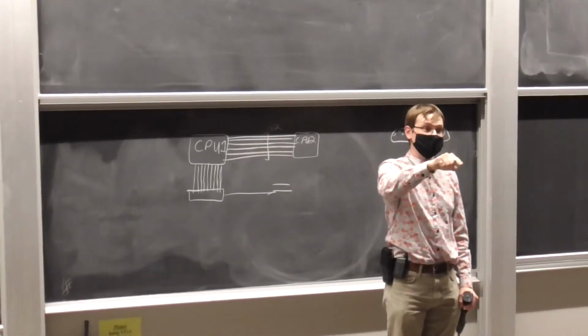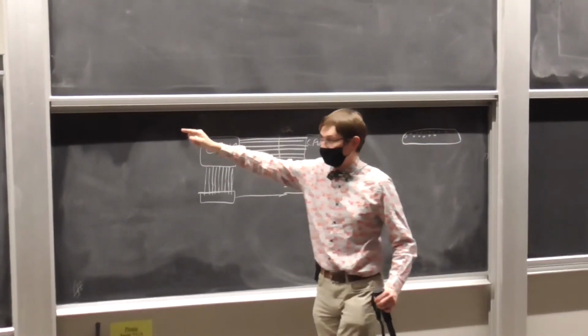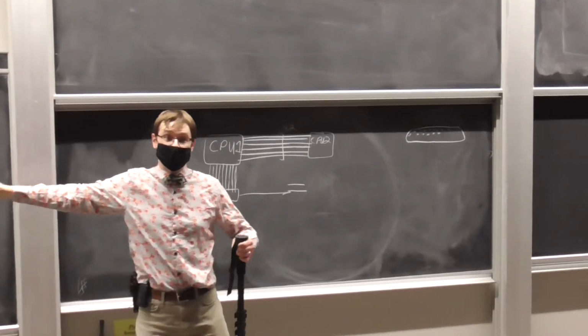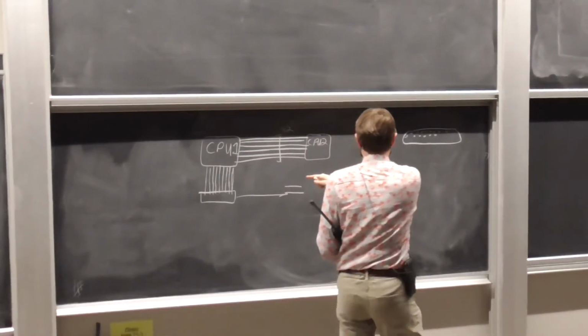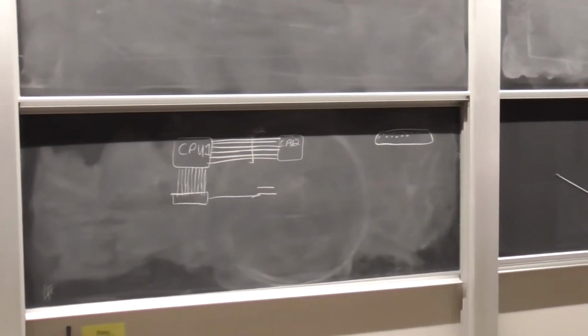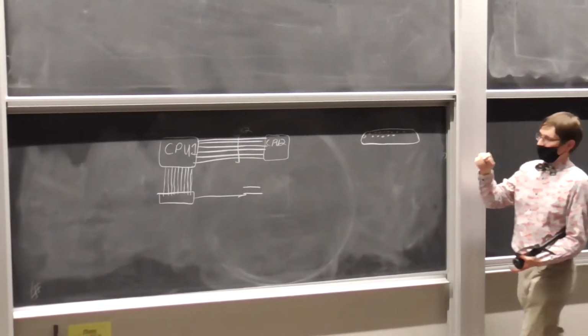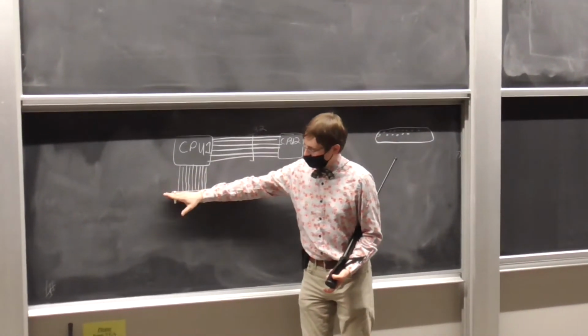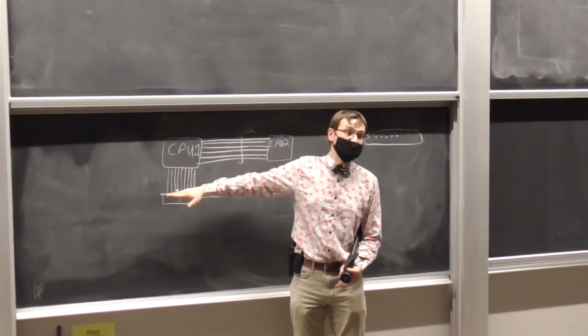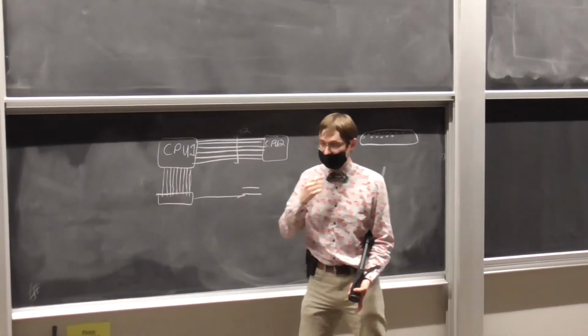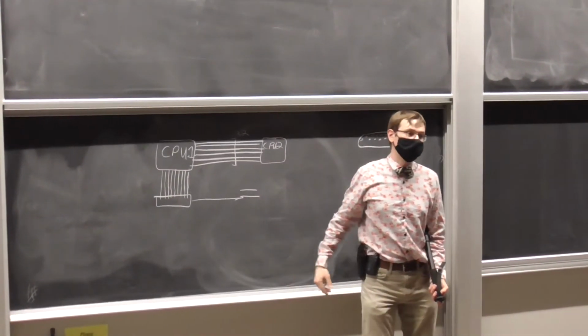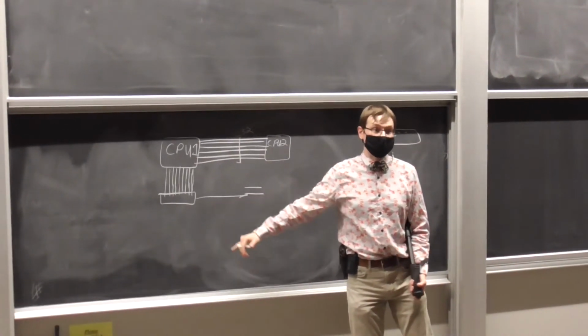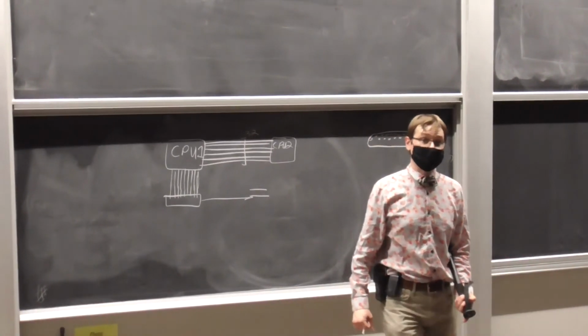You just write each pin with the 1 or the 0 corresponding to the value, right? But with serial communication, because you have to add the element of time, you have to compress the 32 data lines here into 1. And you have to use time to do that, and that's what the shift register does.